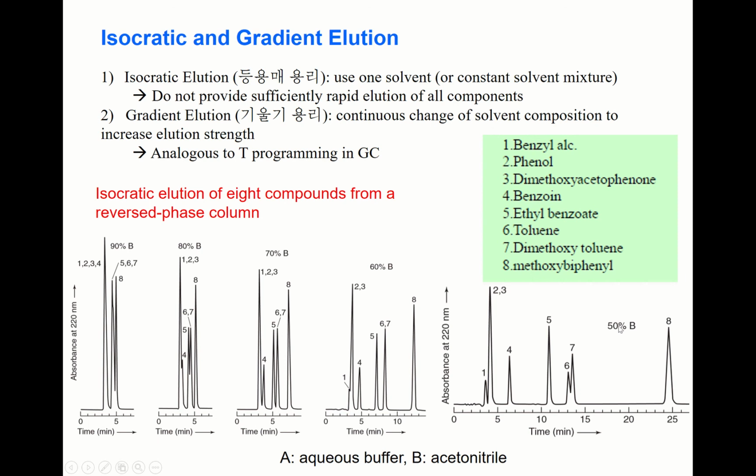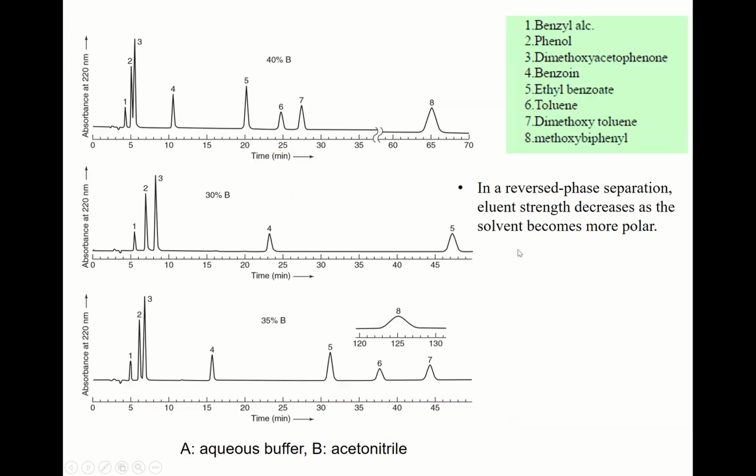Okay, and with 50% acetonitrile, oh wow, this is much better, with increasing retention time anyway, but still compounds 2 and 3 and 6 and 7 are not well separated. But with 40% acetonitrile, this is much better. And let's see, 30% acetonitrile.